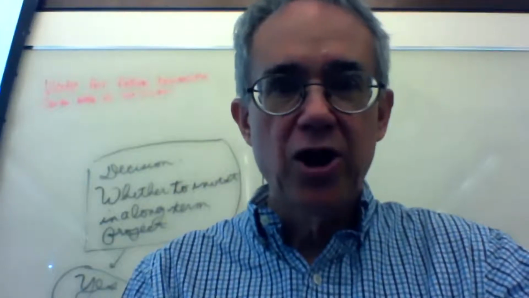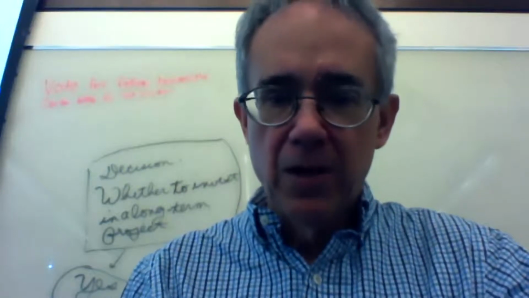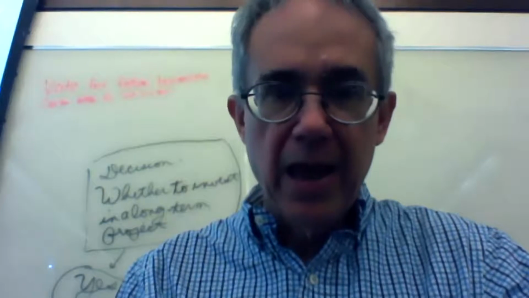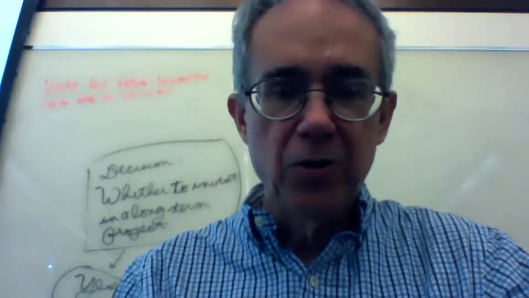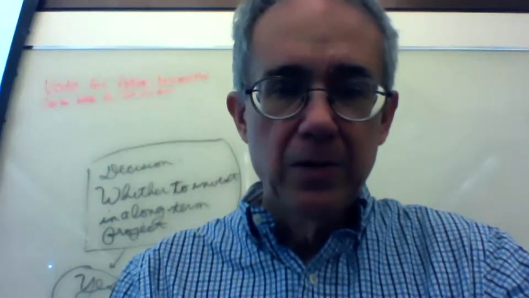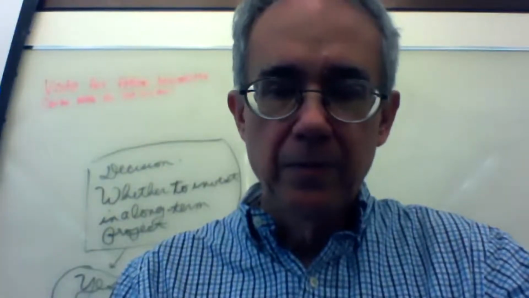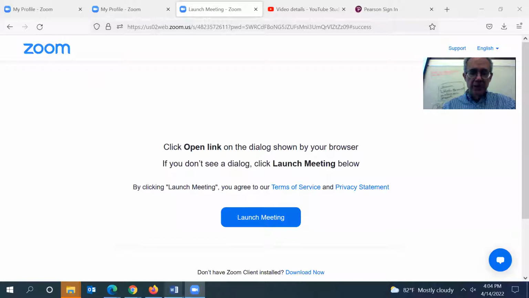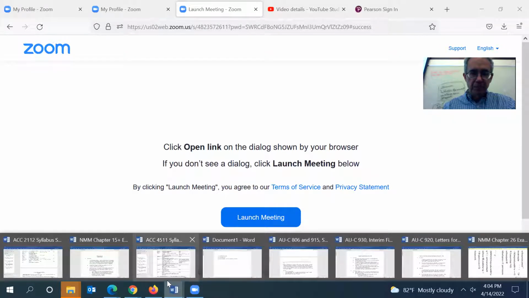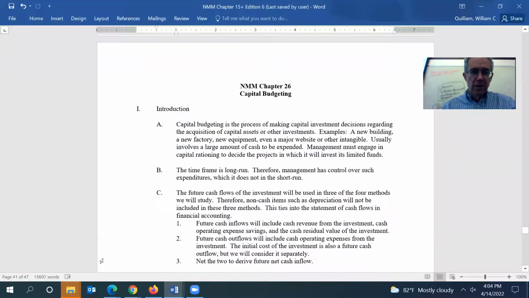As we go to Chapter 26, you'll have two things in front of you. Let me share my screen here to show you. You'll have the Chapter 26 outline, looking like this.